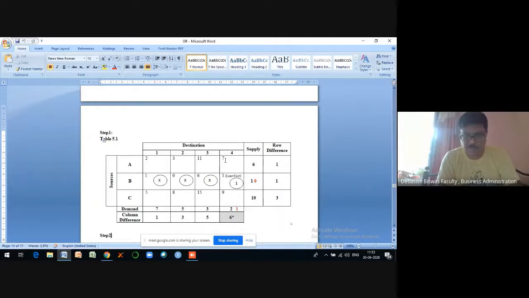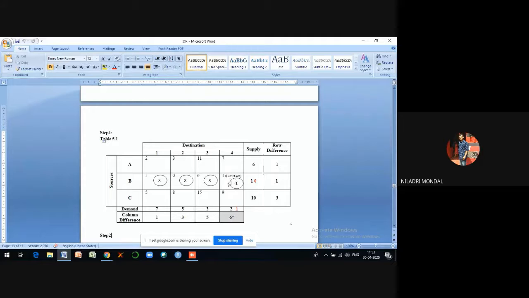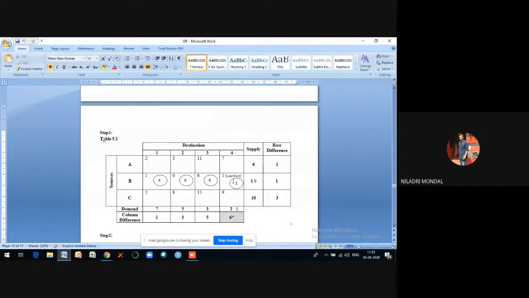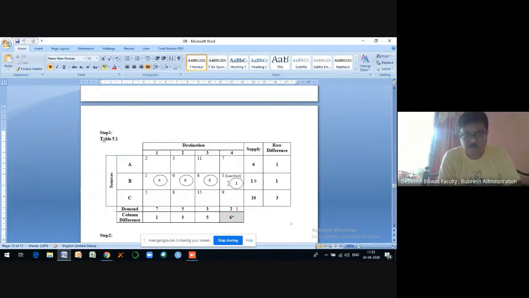So 7, 1, 9. There are 3 elements. Which one is the lowest? 1 is the lowest. So we will start from this box, from this cell. Our problem will start from this particular cell, because 1 is the lowest element corresponding to this column.